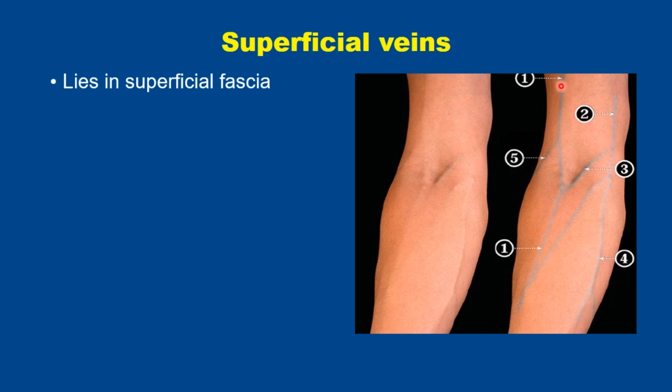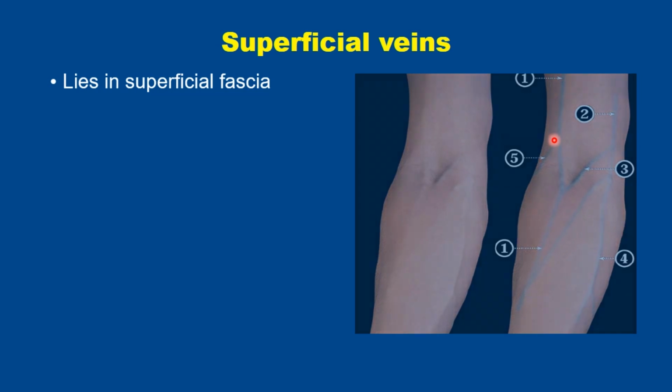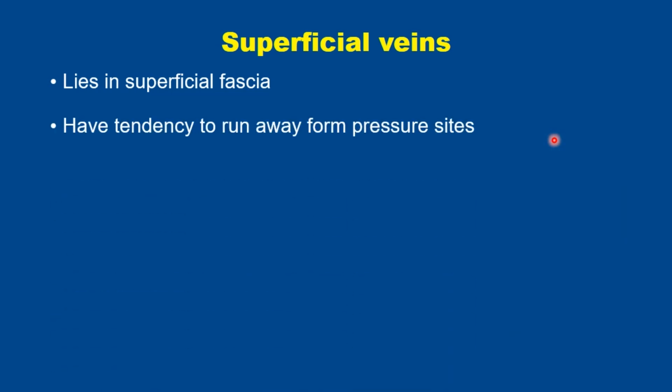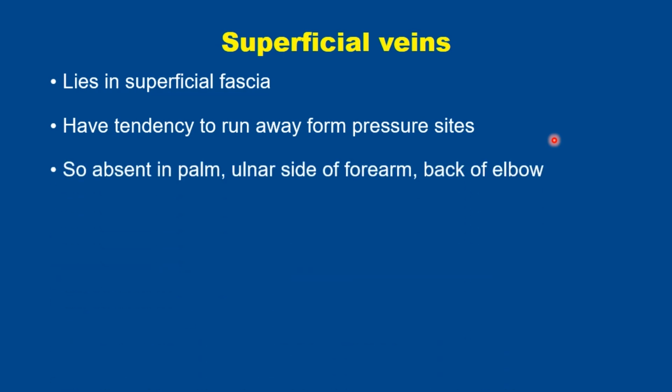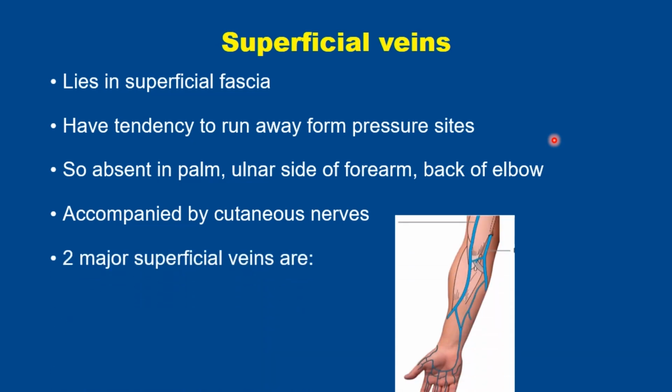Here in this picture we can also appreciate that just beneath the skin, these light blue structures are the superficial veins, and they have a tendency to run away from pressure sites, so they are absent in the palm, the ulnar side of the forearm and the back of the elbow, and the superficial veins are accompanied by cutaneous nerves.